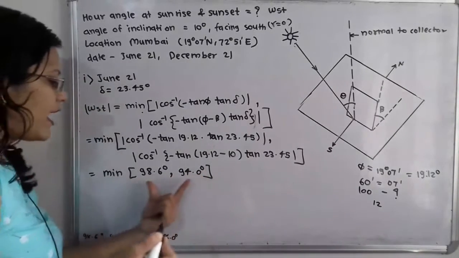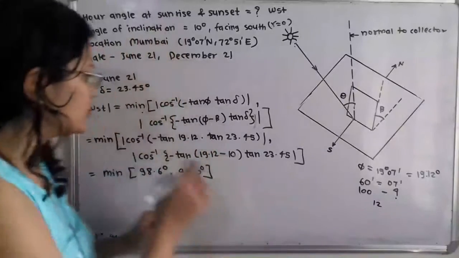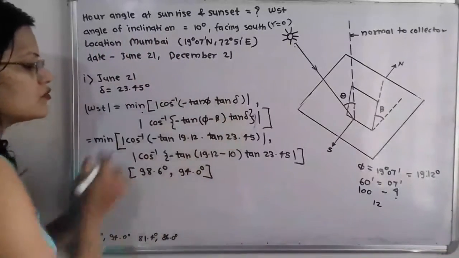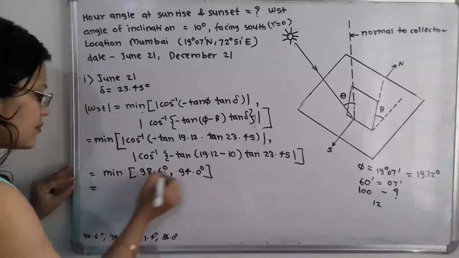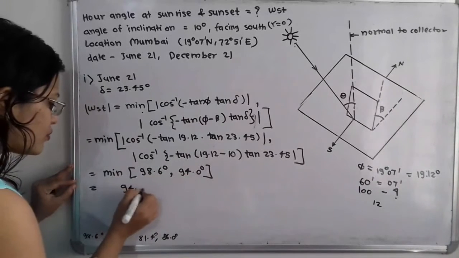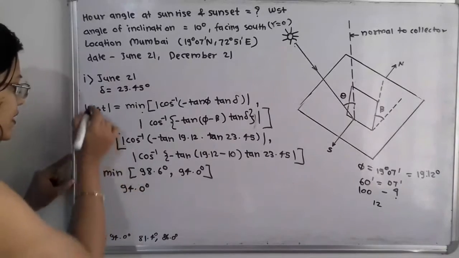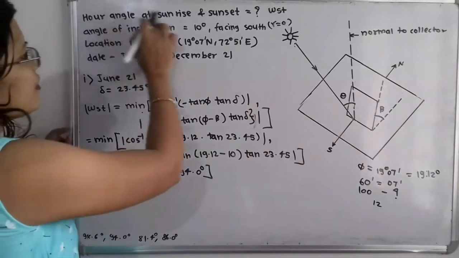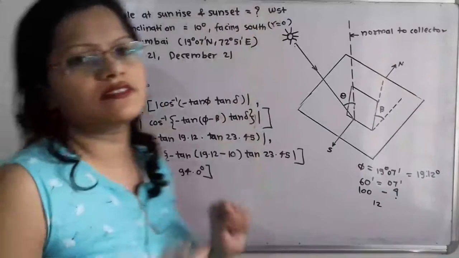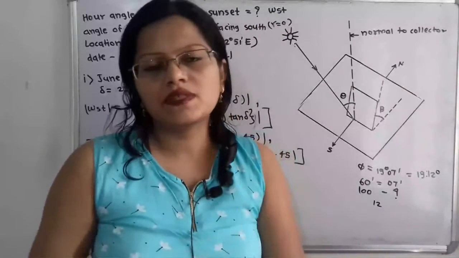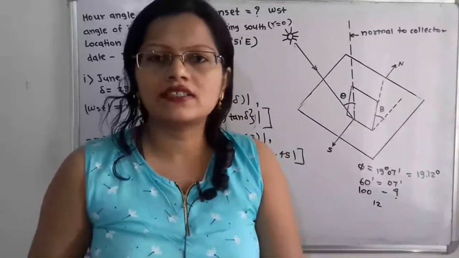Now we have to select the minimum of these two values. The minimum value is 94.0 degree. So we take this omega st, the hour angle at sunrise and sunset. Sunrise means morning time and sunset is the evening time.